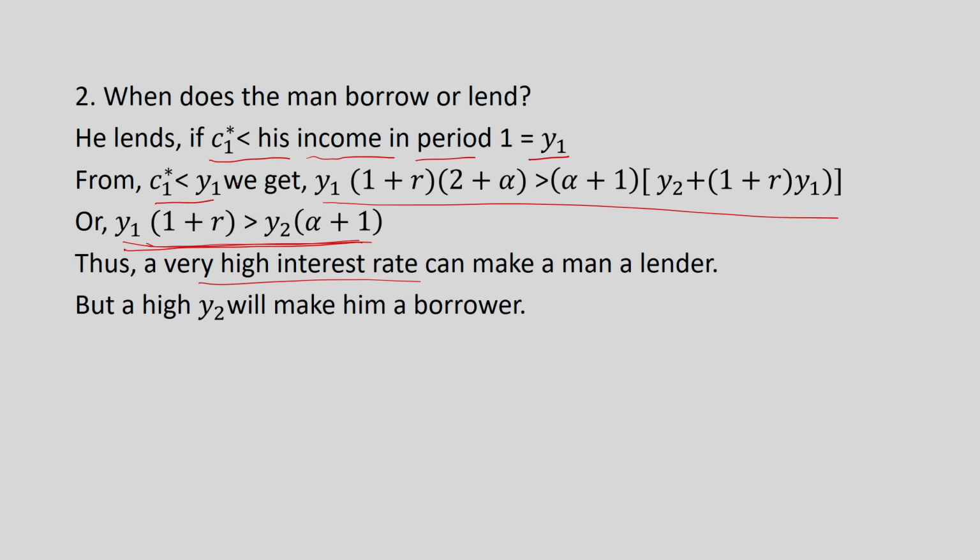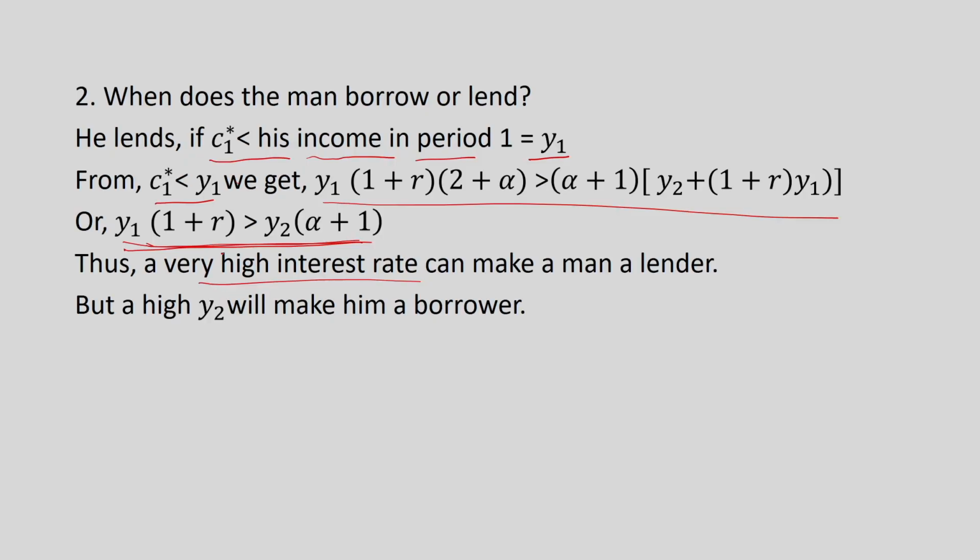The intuition is very simple: if the rate of interest is high, then you want to save money so that you can take advantage of that high rate of interest. You will consume less in the first period and save more, so that you can afford more consumption in the second period. That is why rising R will make you a lender, that is a saver and a lender.